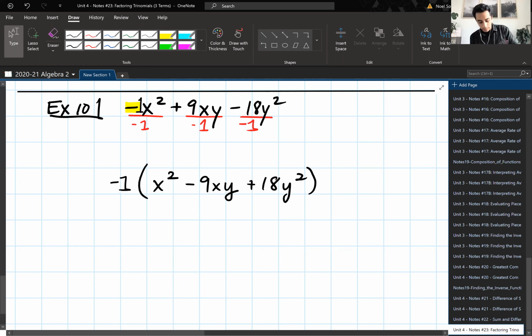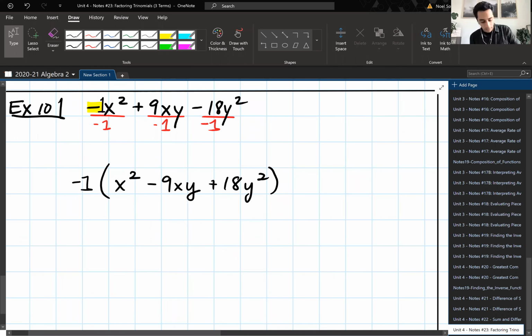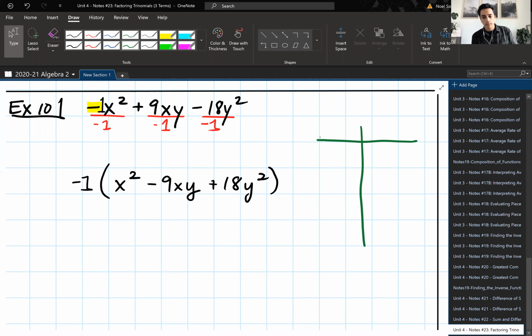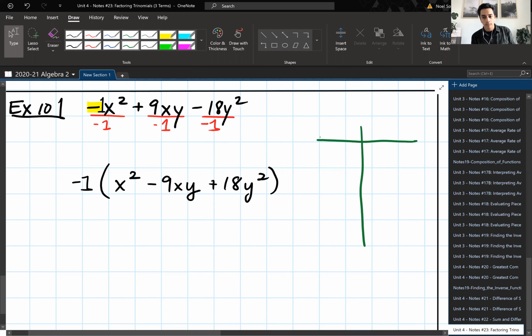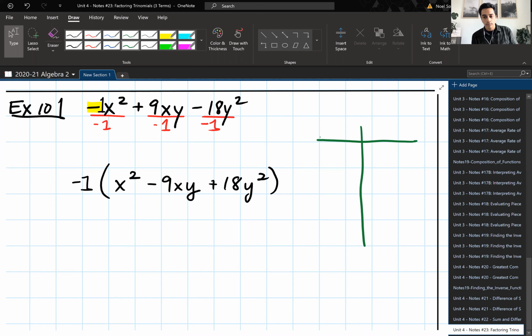So I'm looking at this trinomial. What is the goal? What am I trying to accomplish? What kind of factors am I looking for? Correct.